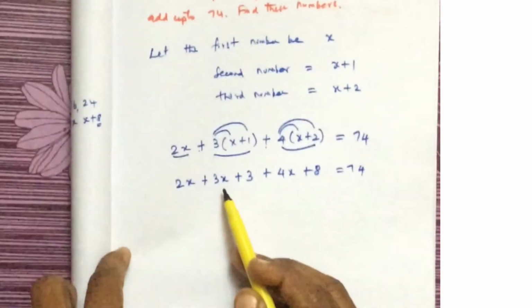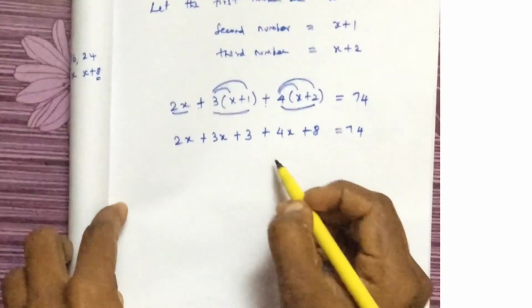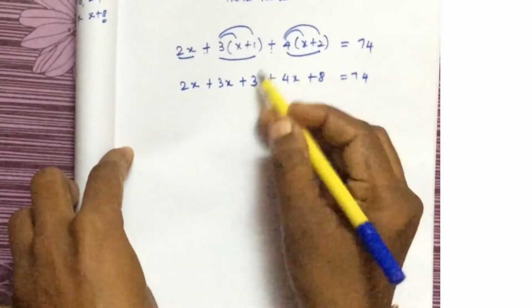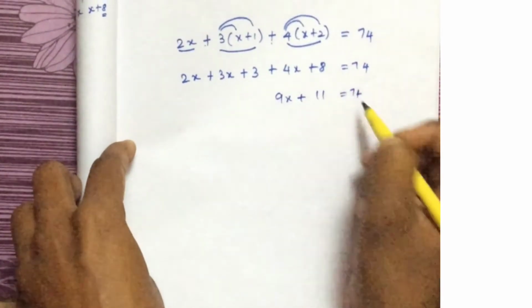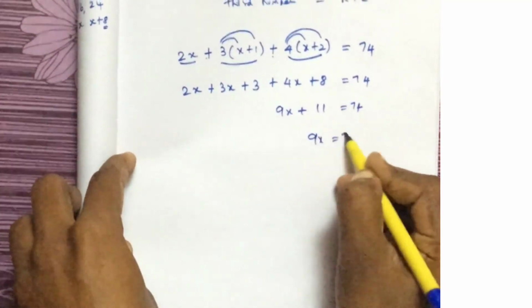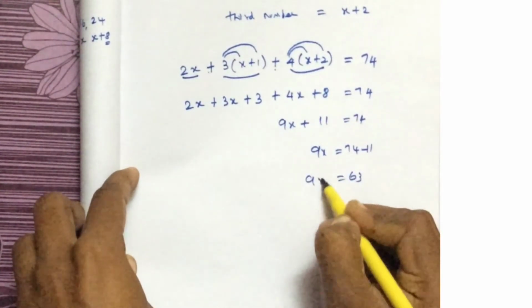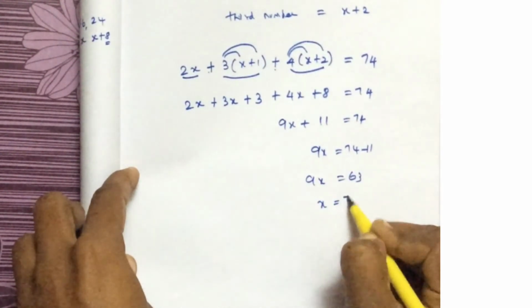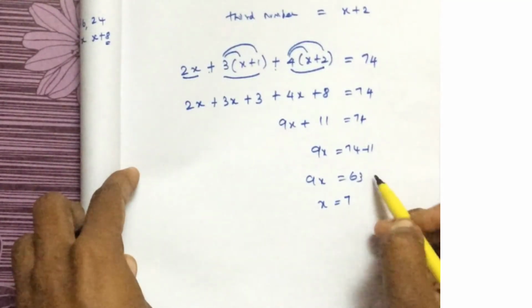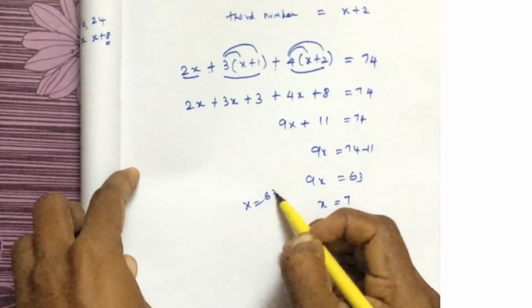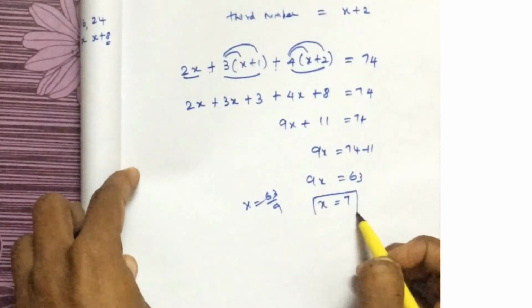Now 2x plus 3x plus 4x is 9x, plus 8 plus 3 is 11, equal to 74. 9x equal to 74 minus 11, that is 63. What is x? This is x equal to 63 divided by 9, which gives x equal to 7.